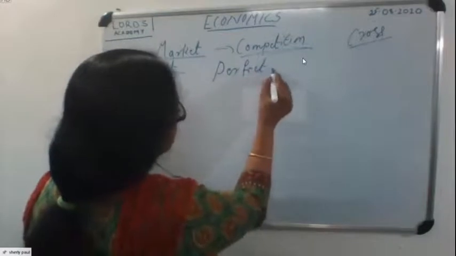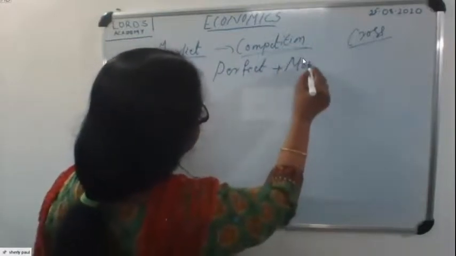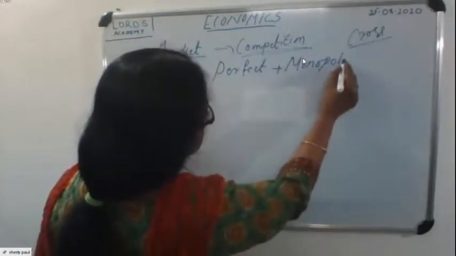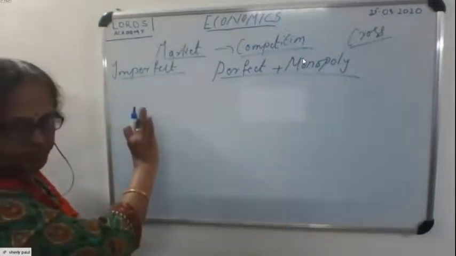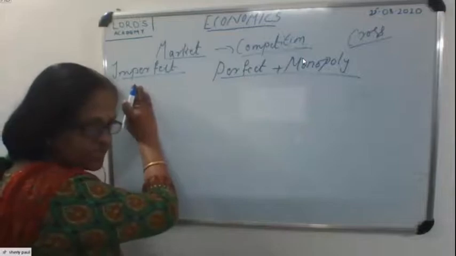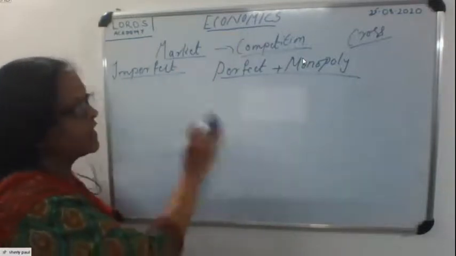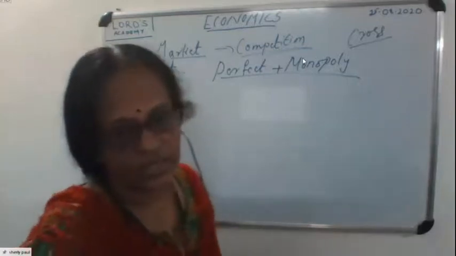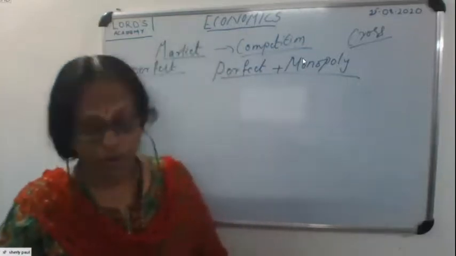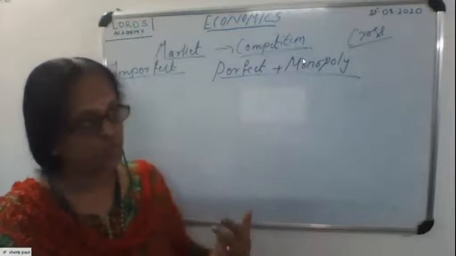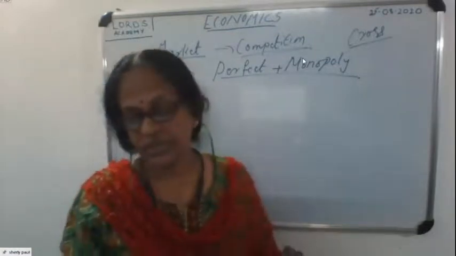Perfect plus monopoly, we can say. First of all, it is an imperfect competition and it is a combination of perfect competition and monopoly. Clear? Therefore, it is known as monopolistically competitive market, otherwise monopolistic competition.